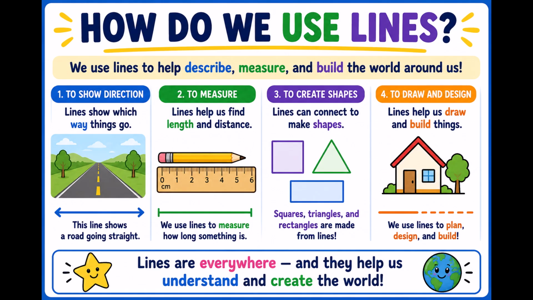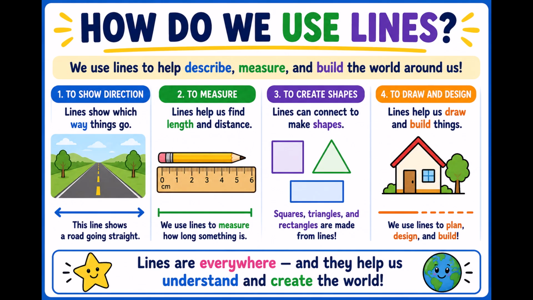Excellent job. So we also use lines to create shapes. Now, lines can connect together to make shapes. Lines can connect to make more shapes from the shape that we already have. They can add on to it. So let's look at these shapes. They are made by putting straight lines together.